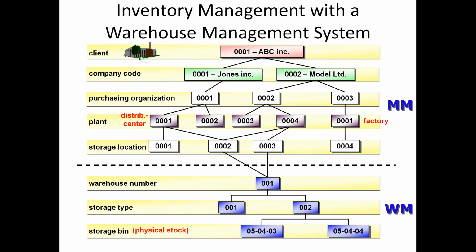That means the price of the material is given at the plant. So plant 0001 will have a different price, and 0004 will have a different price. Even though it is stored at location 002, it will have 2 different prices.